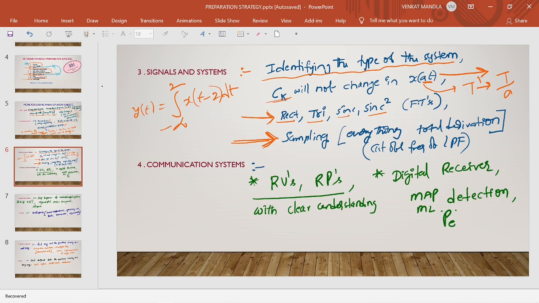There is a relation between the continuous time Fourier transform and the discrete time Fourier transform while doing sampling. That is also important. They will also ask about the cutoff frequency of the low pass filter while reconstructing the signal. All these things I also covered and uploaded. You can watch for sampling.